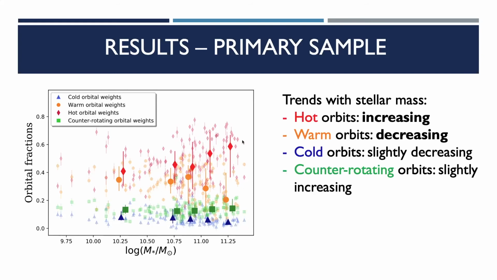If we look at the trend with increasing stellar mass, the fraction of hot orbits looks like it's increasing, although there's a lot of scatter, while at the same stellar mass the warm orbits start to decrease. We don't really see much of a difference for cold and counter-rotating orbits, but what I'm really interested in showing you is this plot.